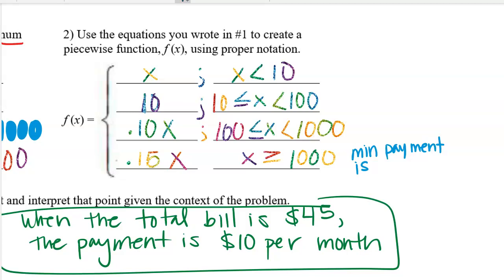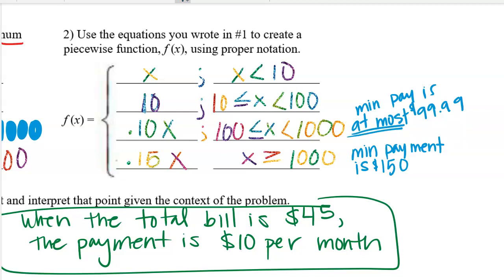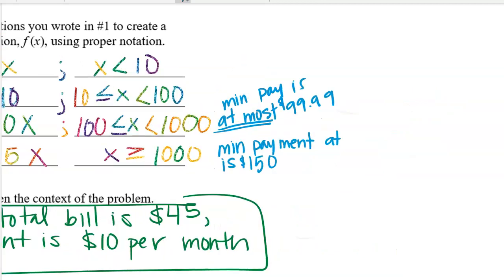Pretty much, it's for the 4th one. It has to be at least 150, but then the 3rd one only goes up to 99.9. So it's like in between that. Yep, at most, right? One is at least and one's at most. Would you agree? Yes. Minimum payment is at most $99.99. And then this one is at least, like what Brad is saying.